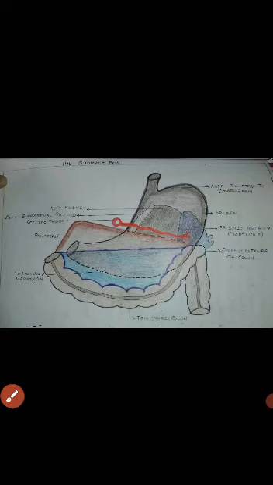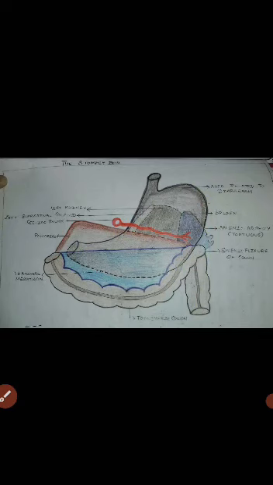Then the blood supply of the stomach. Along the lesser curvature, the stomach is supplied by the left gastric artery and right gastric artery. The left gastric artery is a branch of the celiac trunk and the right gastric artery is a branch of the proper hepatic artery.